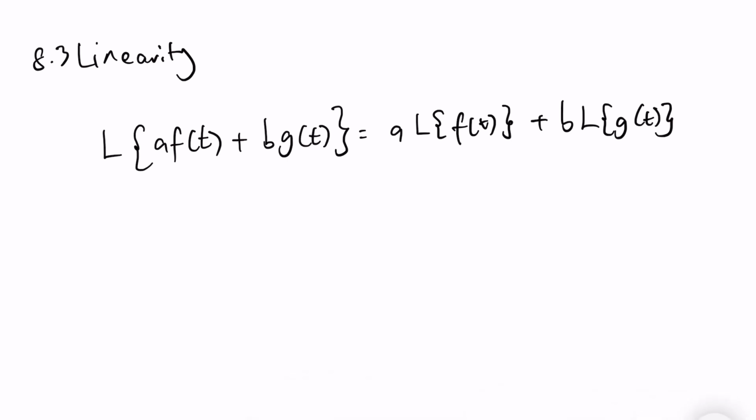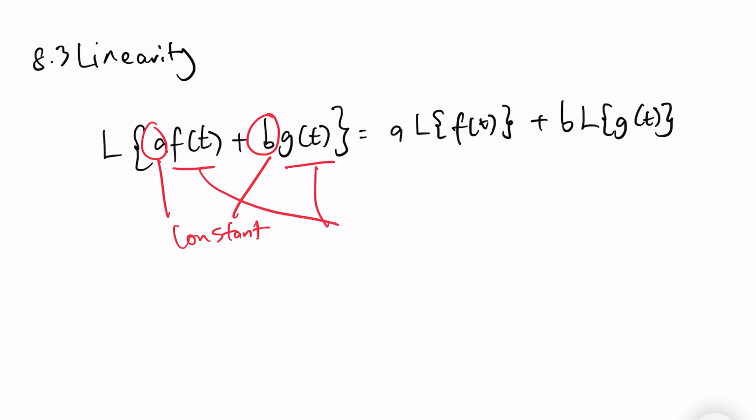Where you can see that a and b are constants, meaning just numbers, and f(t) and g(t) are functions whose Laplace transform exists. So these are functions in the time domain.